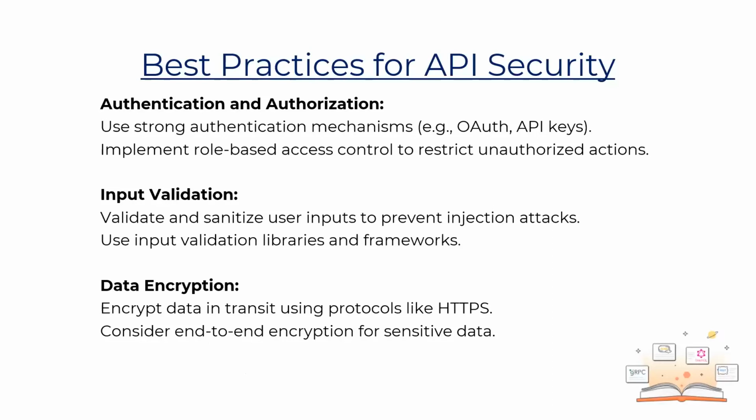So what are the best practices for API security? We heard about authentication and authorization systems. In simple terminology, use strong authentication mechanisms. So when you are building an API, one of the best practices is to use strong authorization and authentication systems. If you are using OAuth, API key, bearer token, or digest token, make sure they are strong authorization tokens, right?